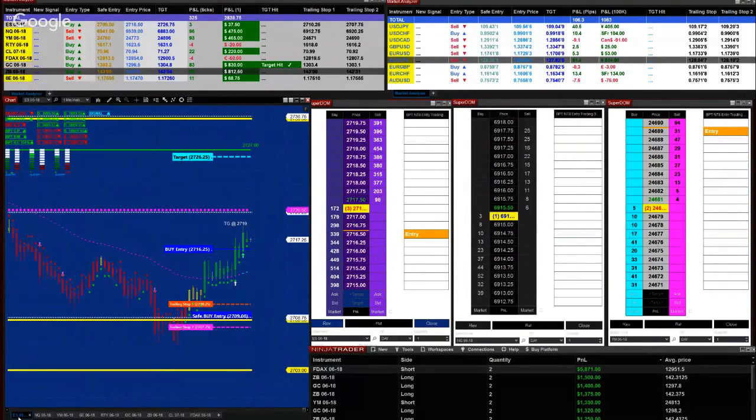For the ones who have not taken that trade, I will try to find a re-entry point somewhere. Hold on. Let's see. Get ready.